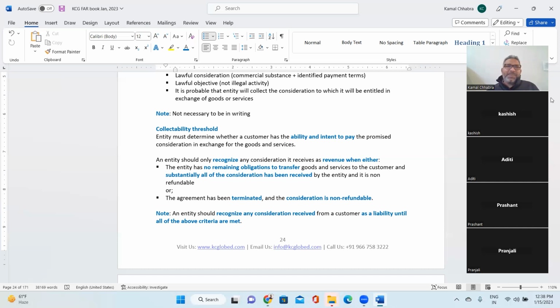Sir, it depends. If we are taking it for the refundable part, then we will get it, other than taxes. For example, if you are purchasing a flight ticket from Delhi to Mumbai from Make My Trip, let's assume the price was 8,000 rupees, right?